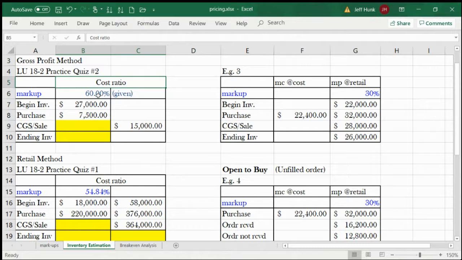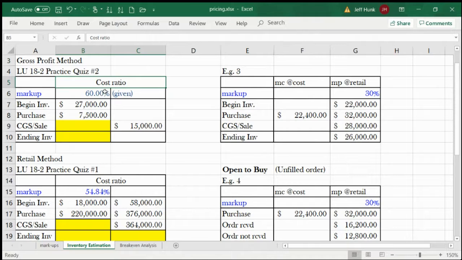But then think about it. What does that mean? The other 40% is the markup, right? But then 40% is actually 40% of what? Price, right? So in that case, that 40% is the markup rate based on price.